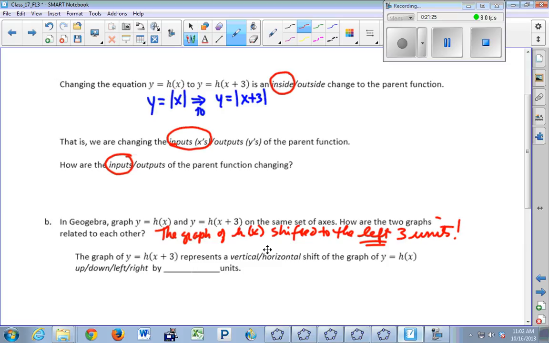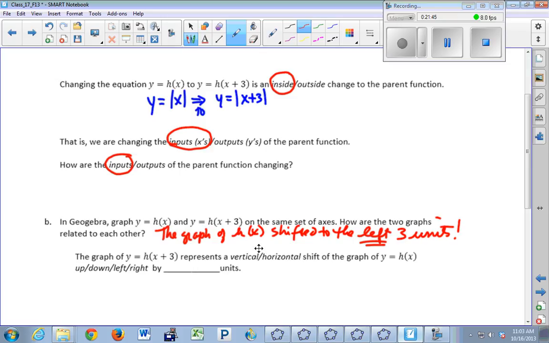Intuitive? No, totally counterintuitive. When you see a plus 3, you think about things moving to the right. Totally unintuitive. Okay? So here's a couple of ways I can think to try to explain it to you. It's kind of one of those hard things to explain.